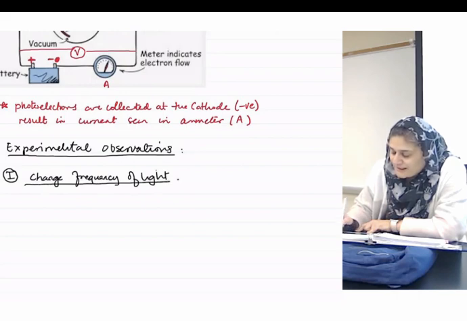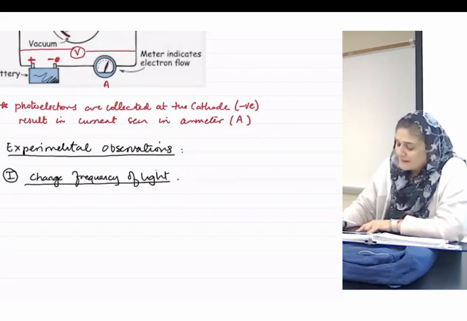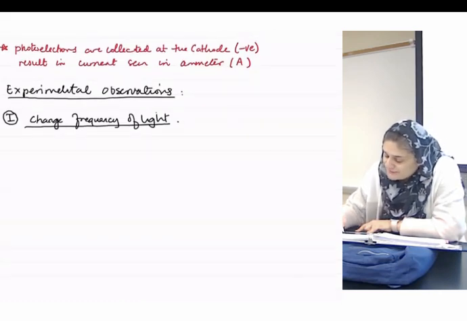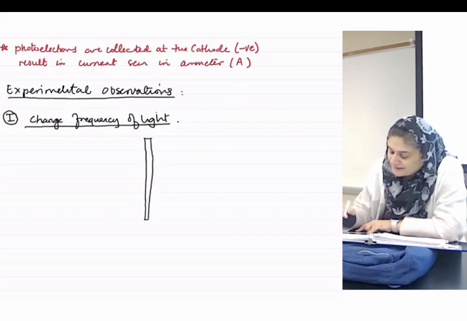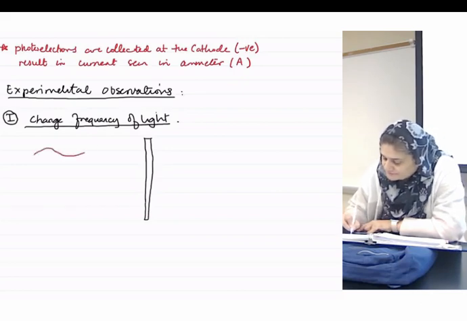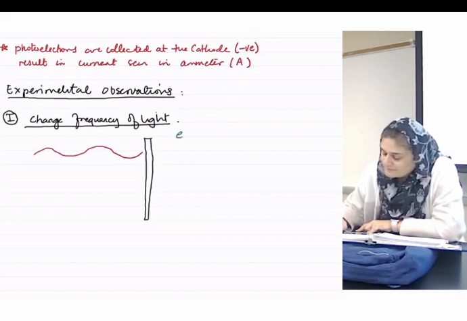So the three I'm going to pick are red, green, blue. Everybody okay with that? Okay. So here's my metal. And I'm going to shine a red light onto it. And then they saw whether electrons were emitted.